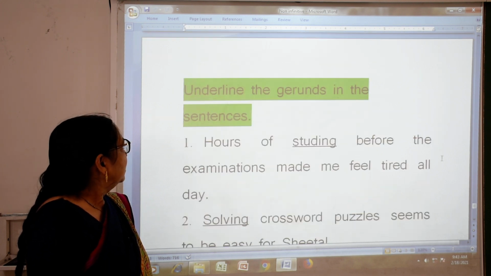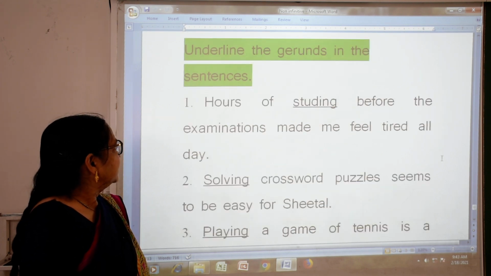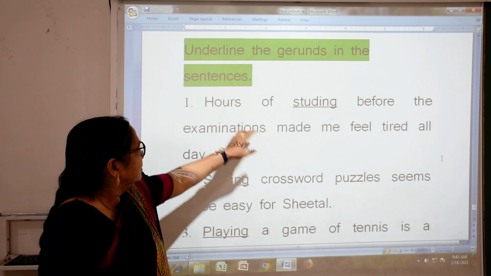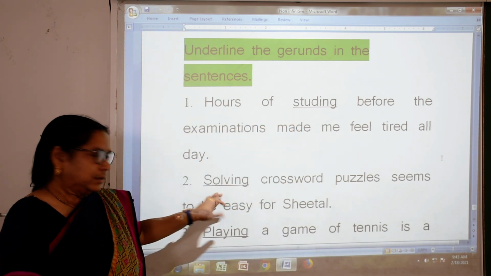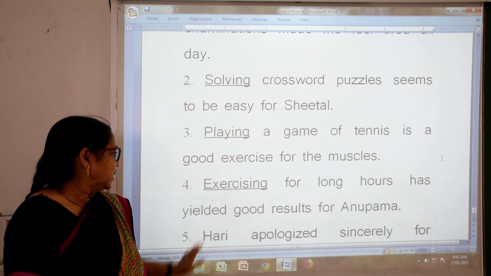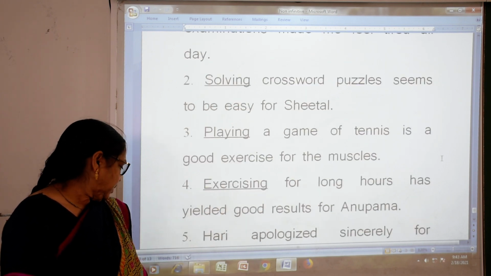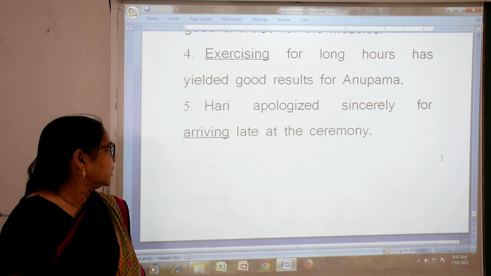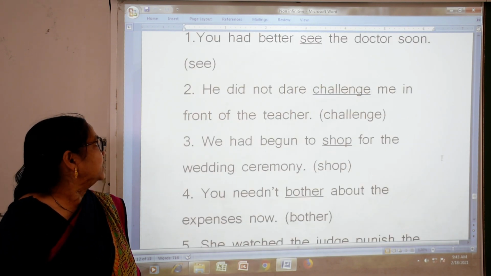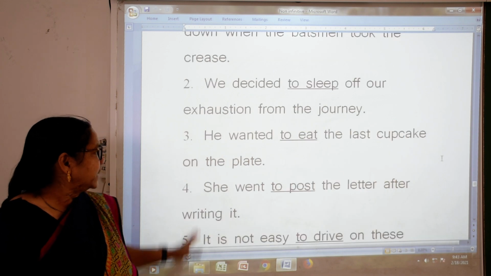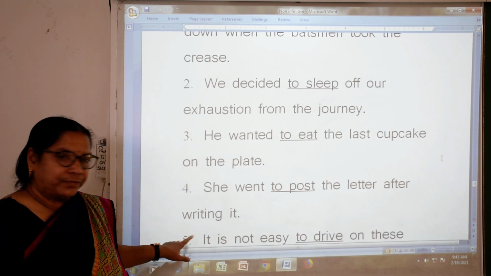Now here underline the gerund in the sentence. Studying, the gerund is studying. Here also solving, then playing, exercising. So only two exercises I have done, the rest we have not done, and the remaining of these five I have done.